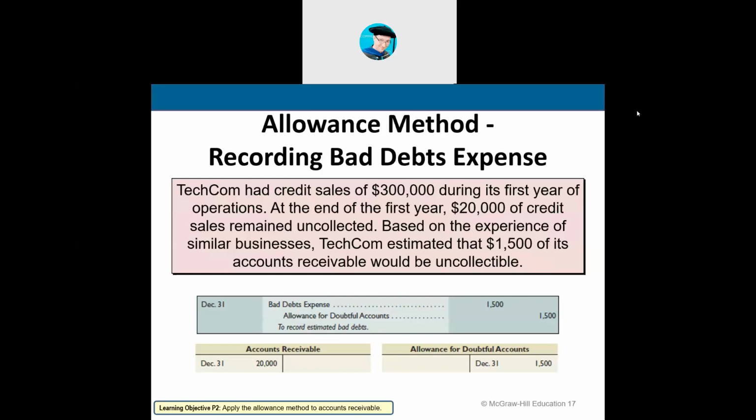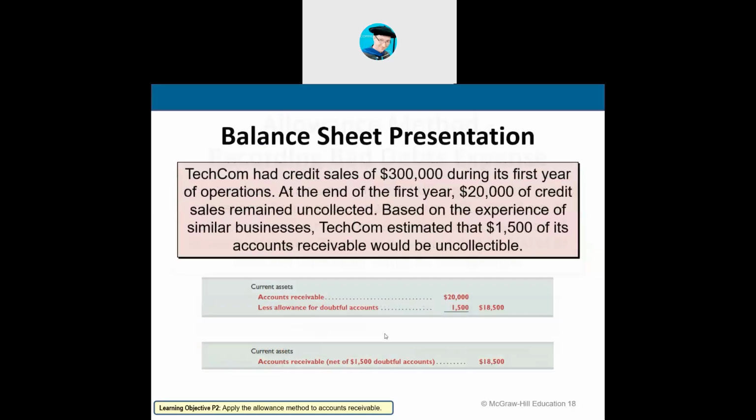It's a new one. So allowance for doubtful accounts is the account that we would use when we're estimating the amount that we will not be able to collect from our customers throughout the year. On the balance sheet, under current assets, we have cash, accounts receivable, inventory. Those are all current assets, right?